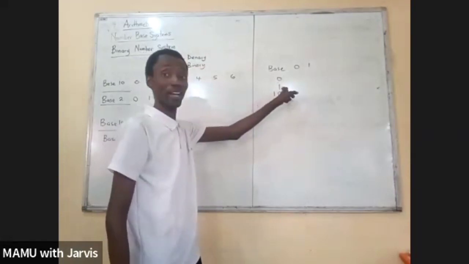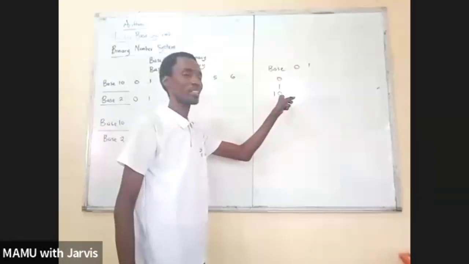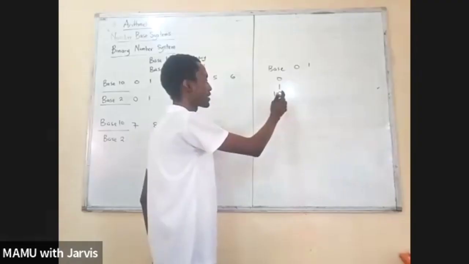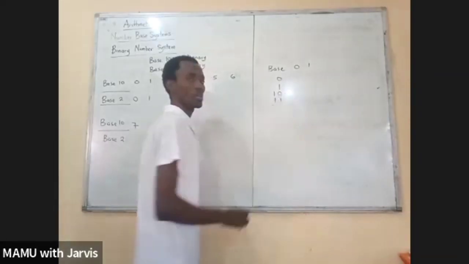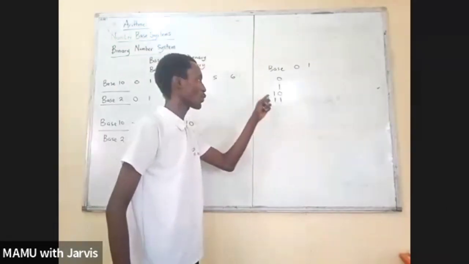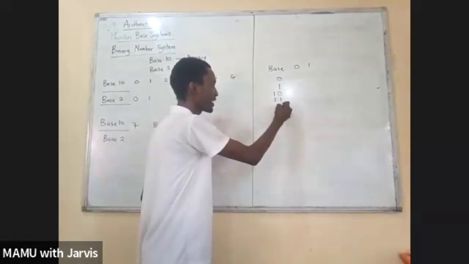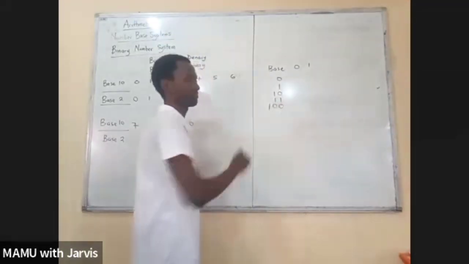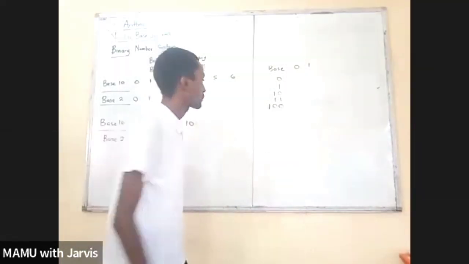The highest number you can get to is 1. So after 1, I can have 1, 0, and then 1, 1. After that, I'm going to have 0 here again and 1. I'll show you how we get this number, but I just want to play with them for now.